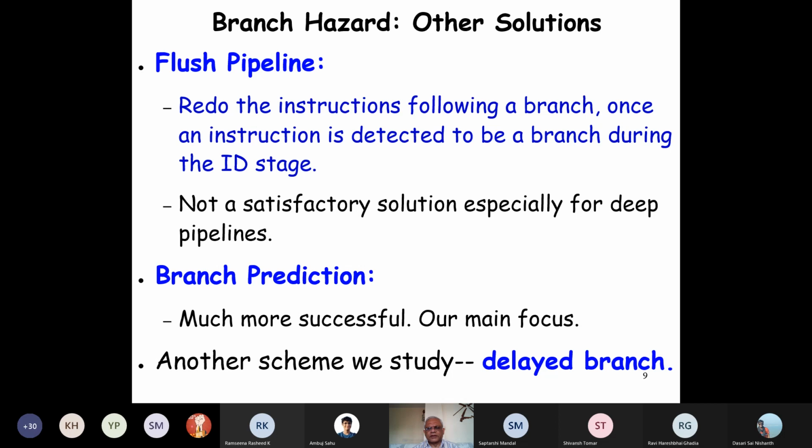They don't even give any hint about how they have designed the predictor. But even the ones which are available in the book and literature are quite sophisticated and can easily achieve more than 99% branch prediction success rate. But we will restrict ourselves to only simple predictors.